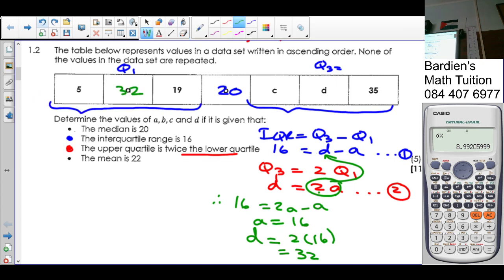So 32 and 16. So what do we still need to solve? C. C is the only one we still need to solve. Just remember, B we already solved. We have solved D. We solved A.